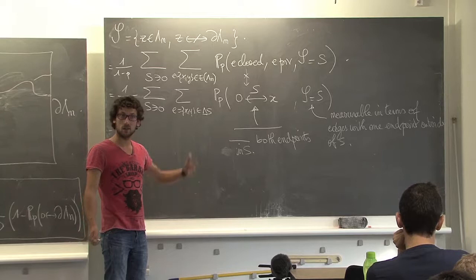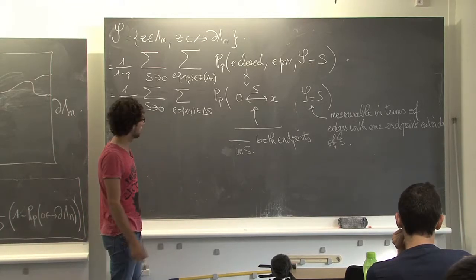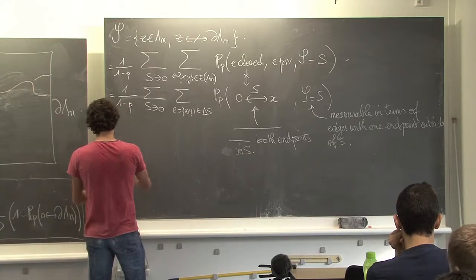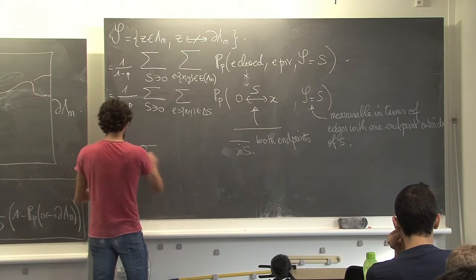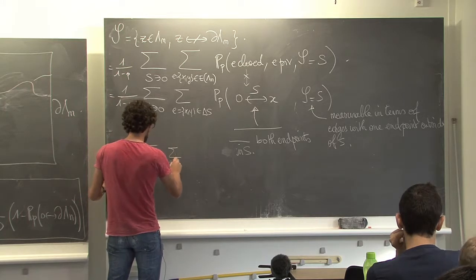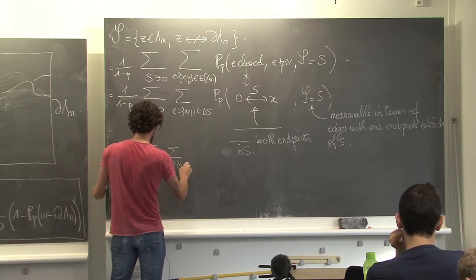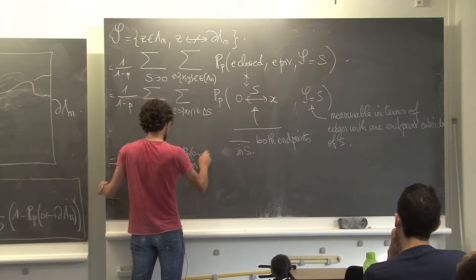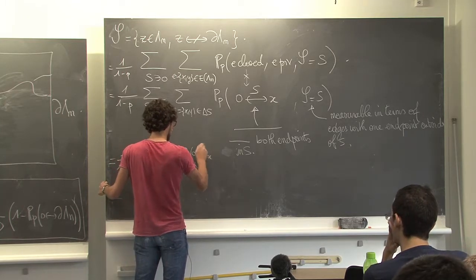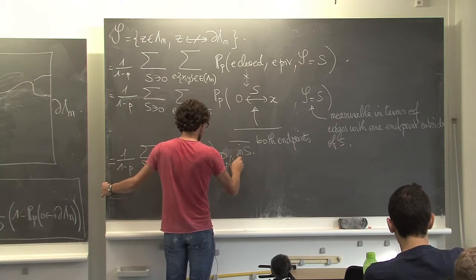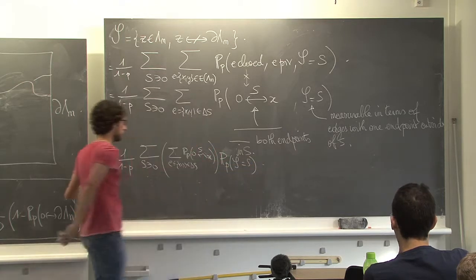By independence, the probability of the intersection is just the product of the probabilities. So here I can write the sum over the edges xy of the probability of 0 connected to x in S times the probability that S is equal to S.